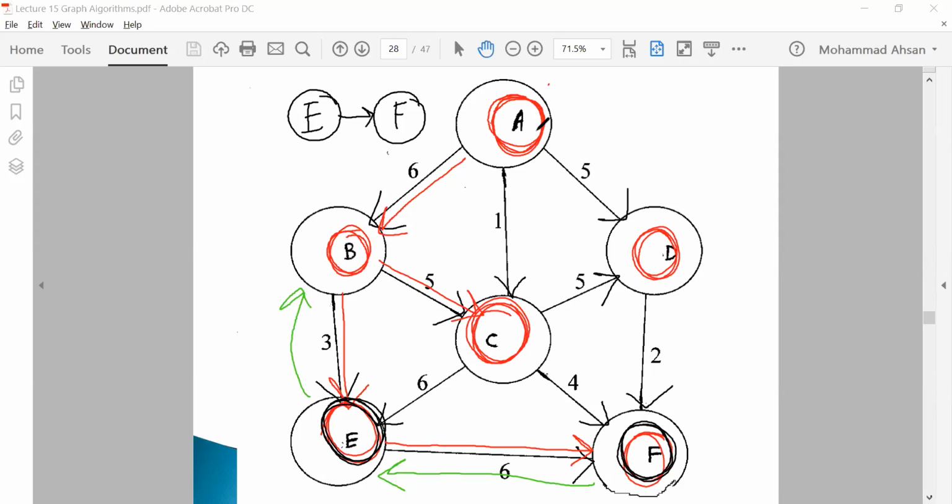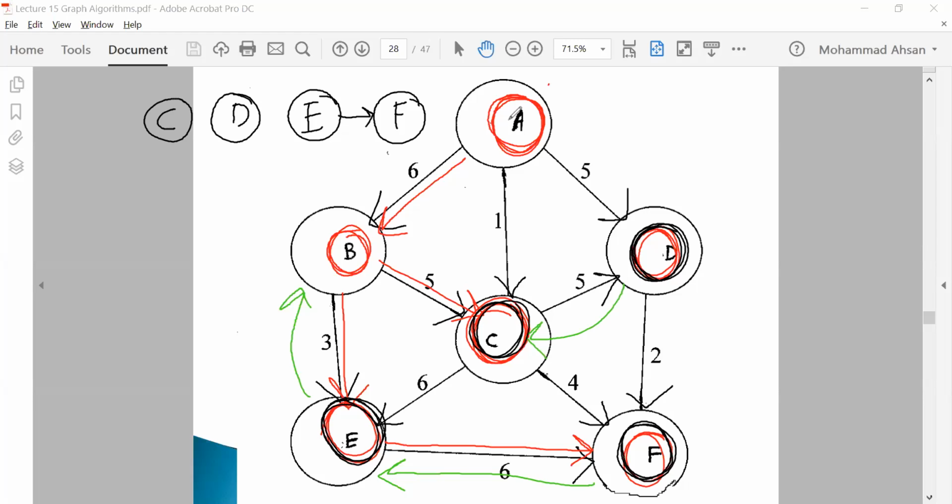Okay. So now I'm at D, and D has an outgoing edge to F, but F is already black. So I will return from D. So D comes here. I insert D at the beginning of my linked list. From D, I come back to C. Again, everything is marked, so C will also turn black, and I insert it at the beginning of the linked list.